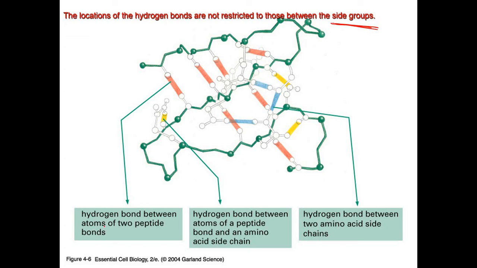So hydrogen bond between atoms of two peptide bonds. So it comes from the peptide bond itself, okay. Hydrogen bond between atoms of a peptide bond and an amino side chain. So if you notice, it comes from the peptide bond and then the side chain. So they form hydrogen bond.